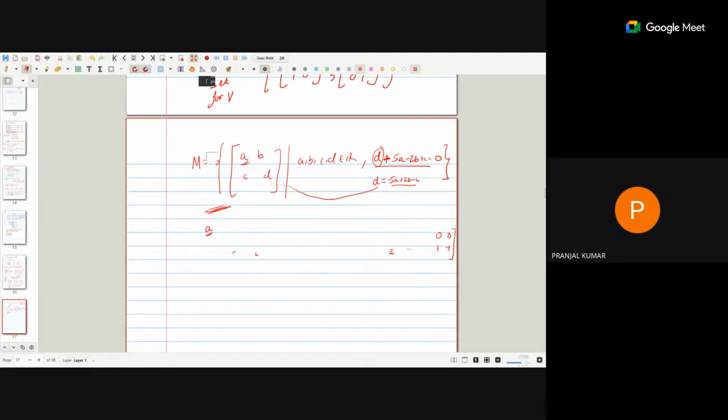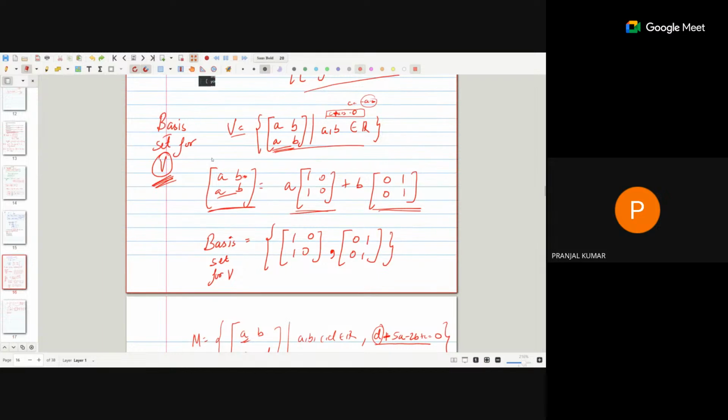Okay, so I will not remove this. You can see it. Now see, what I did was I expressed this general element as a linear combination of basis vectors.